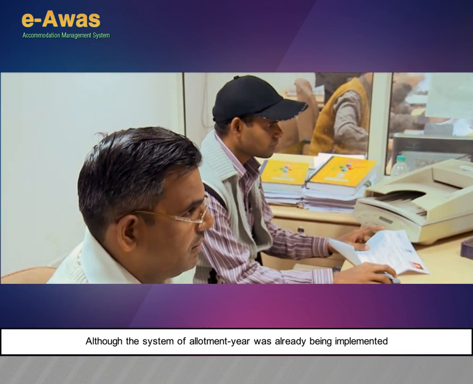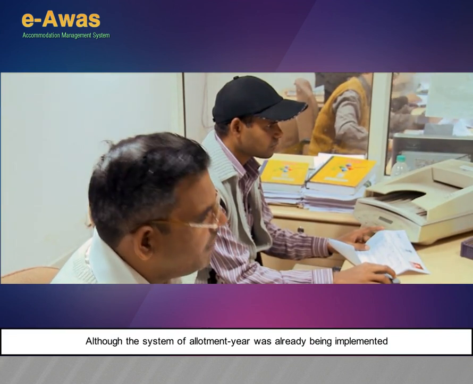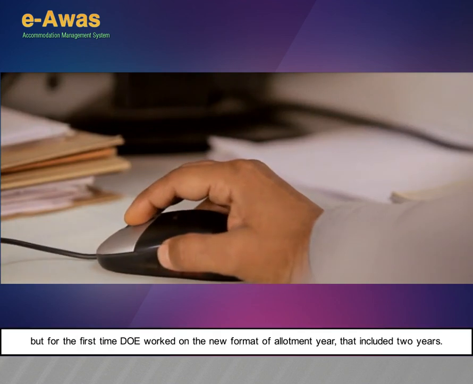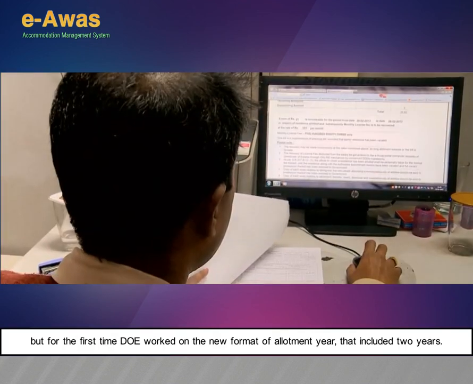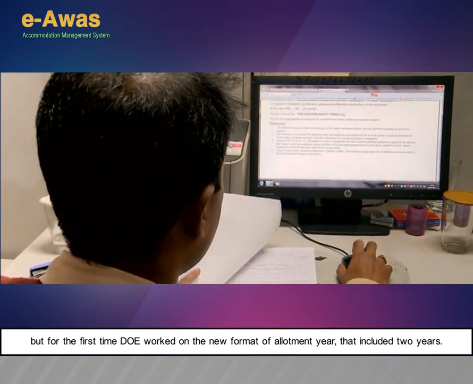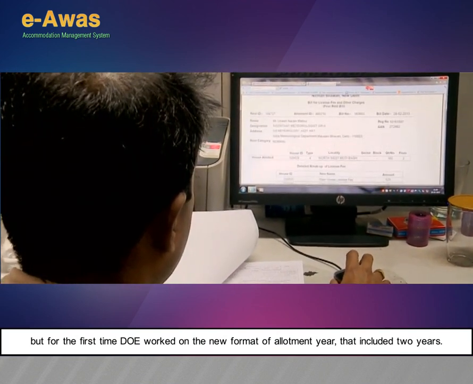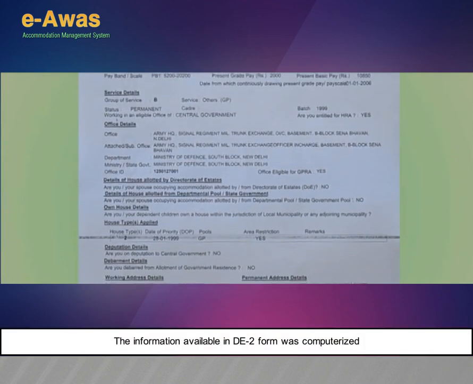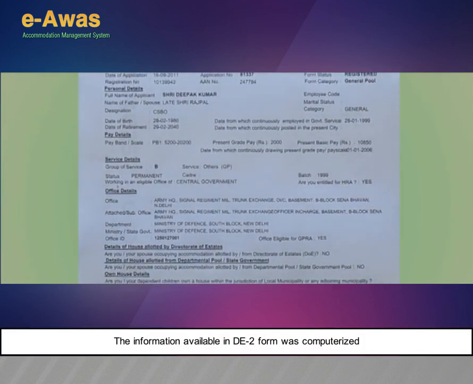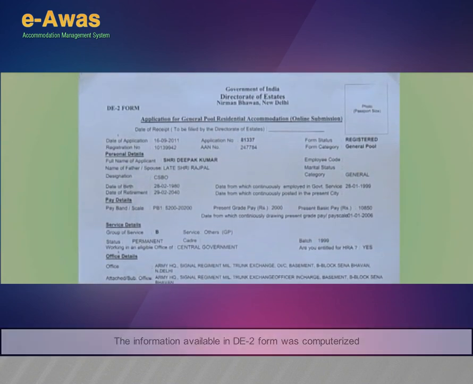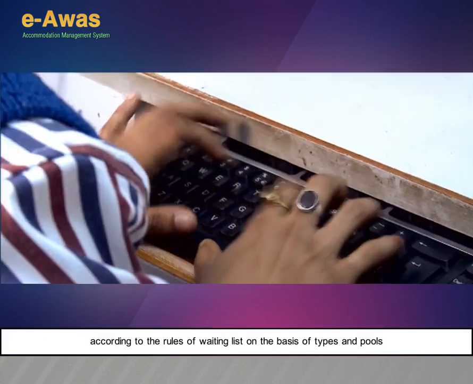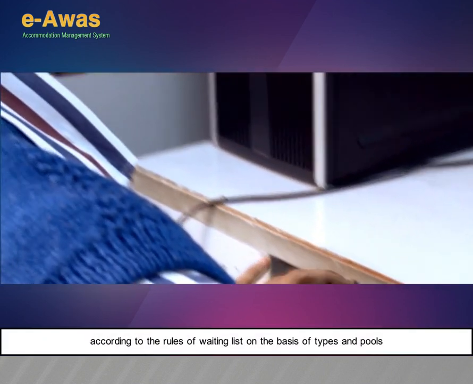Although the system of allotment year was already being implemented, for the first time DOE worked on a new format of allotment year that included 2 years. The information available in the DE2 form was computerized according to the rules of waiting list on the basis of types and pools.